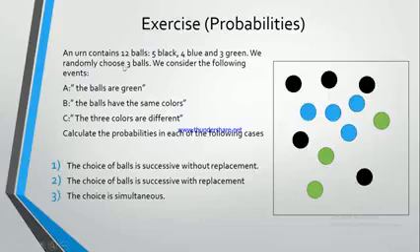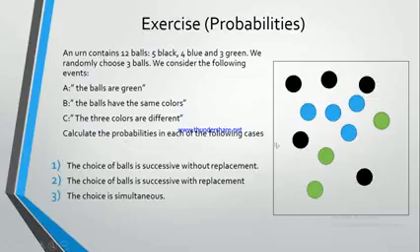We randomly choose 3 balls from the urn, and we consider the following events: the balls are green, the balls have the same color, and the 3 colors of the balls are different.